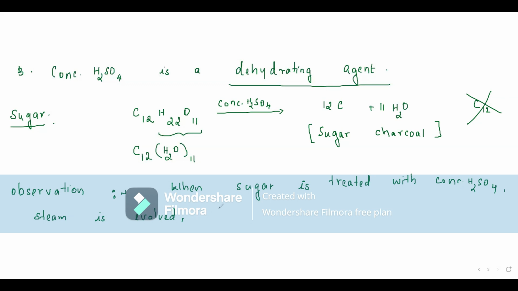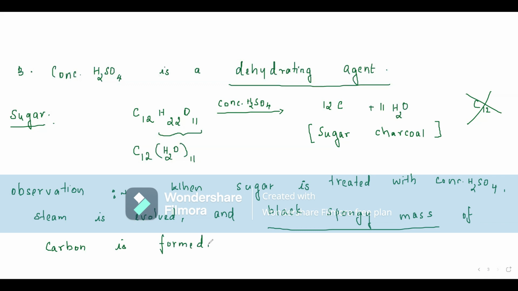What is more important is the black spongy mass. This is the key point. A black spongy mass of carbon is formed. So when sugar is treated with concentrated sulfuric acid, a black spongy mass of carbon is obtained.